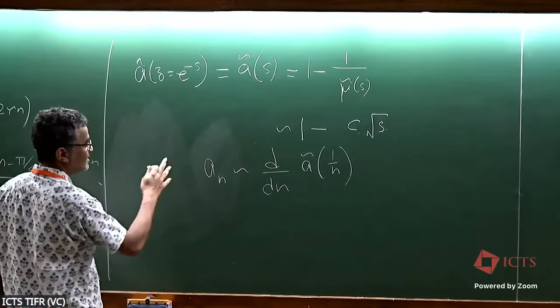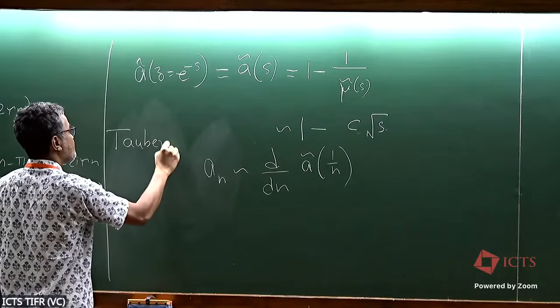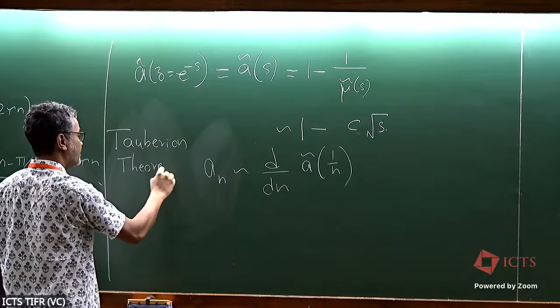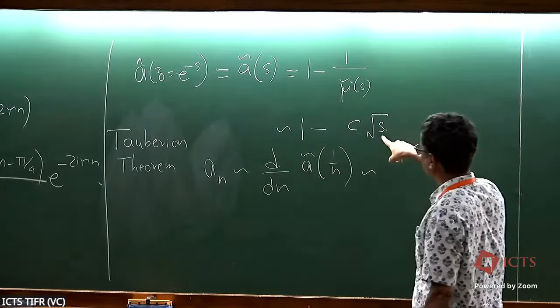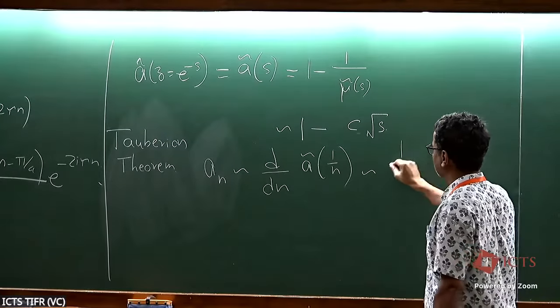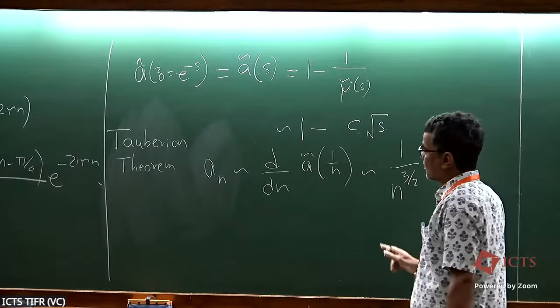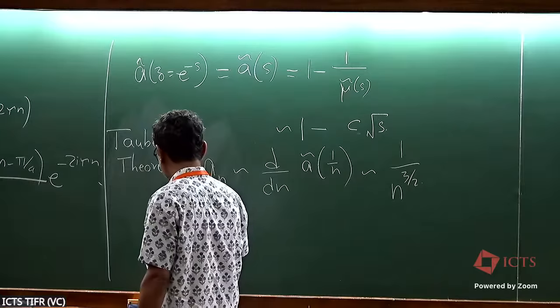This is a method called the Tauberian theorem. You have to be careful while using it, but usually it works. So you put 1 by n, and this will give you 1 by 2. So we have got an equal to 1 by n to the 3 by 2. Therefore, the return time distribution.